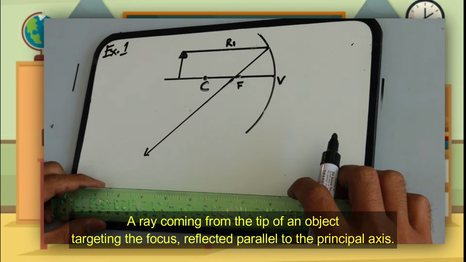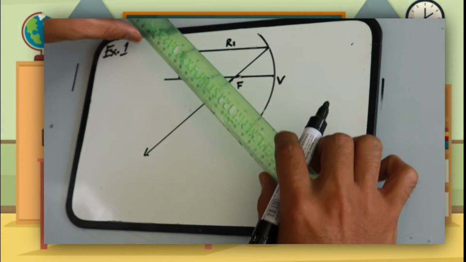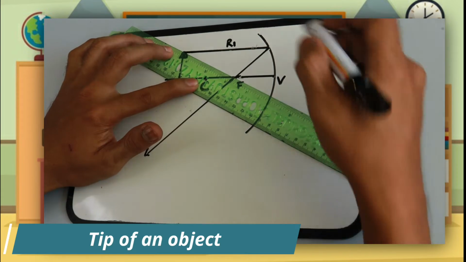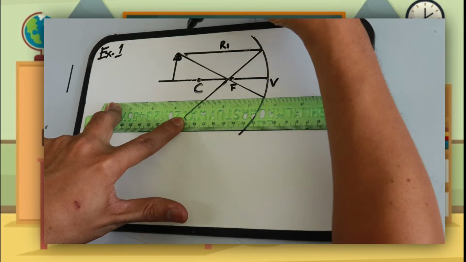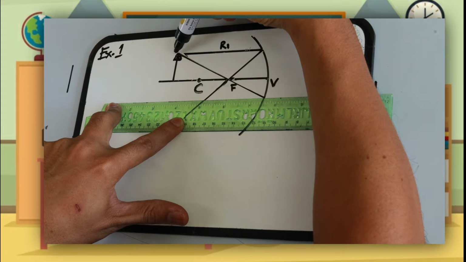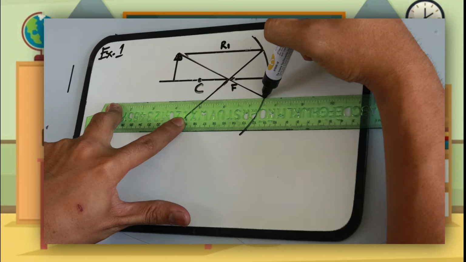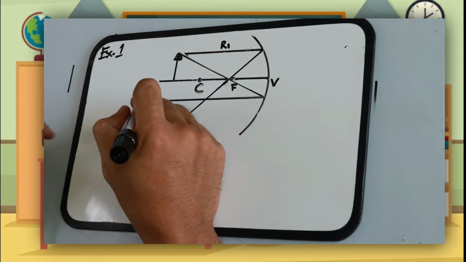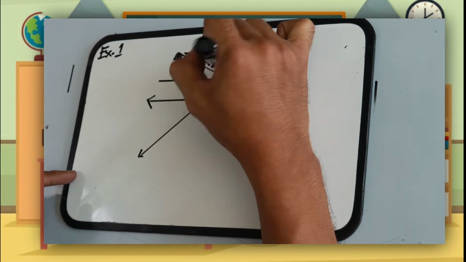Again, a ray of light coming from the tip of the object, targeting the focus, going to the mirror, then reflected parallel to the principal axis. So this will be our ray number 2.